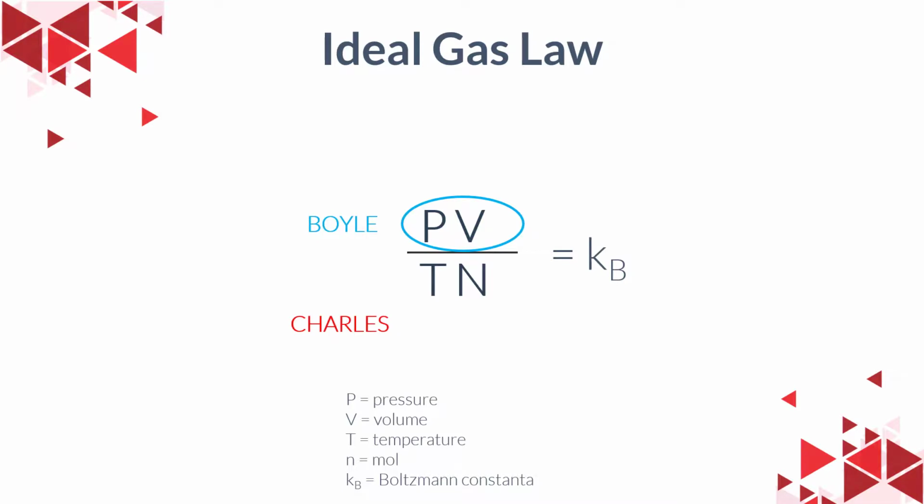Charles expressed the correlation between volume and temperature, where increasing temperature makes volume increase. Avogadro gives a statement about the relation between amount of substance and volume. And the last is Gay-Lussac. So all components are stated in the formula, which gives the Boltzmann constant.